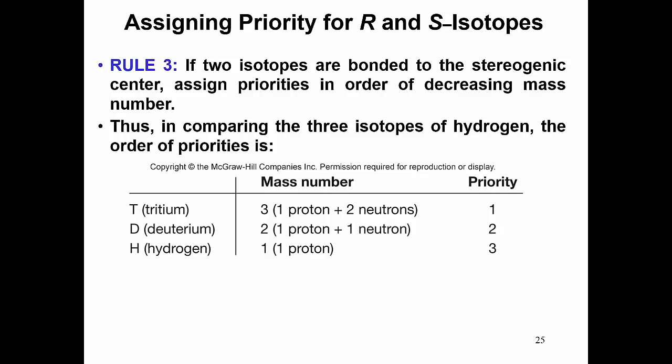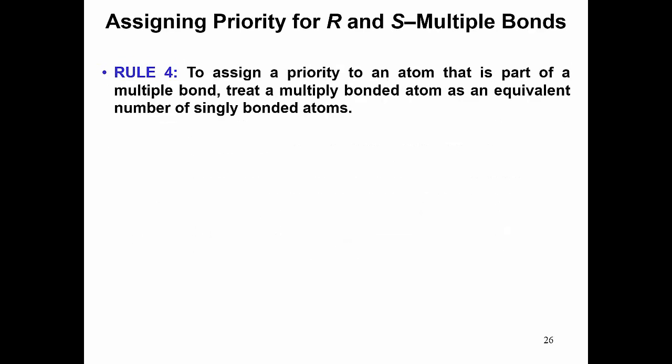So tritium would be 1, deuterium would be 2, and hydrogen would be priority 3 if you had all three of those attached to the same carbon. Tritium is the heaviest because it has two neutrons, and then deuterium, then hydrogen. That's how to determine the priority for isotopes: the one with the most neutrons is number 1.